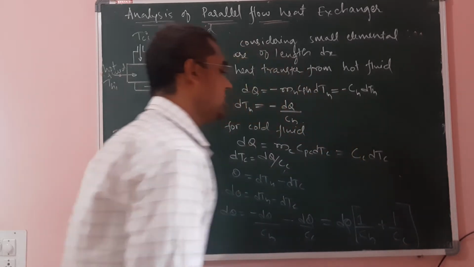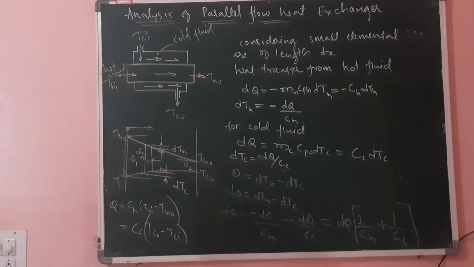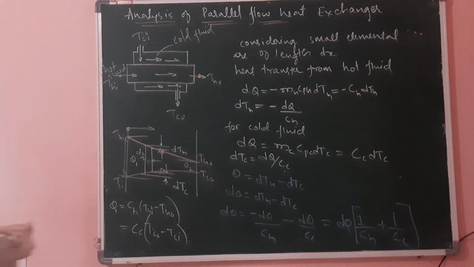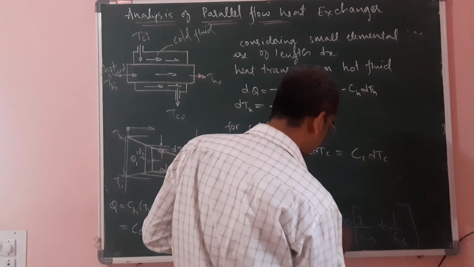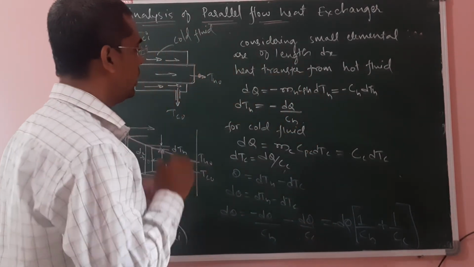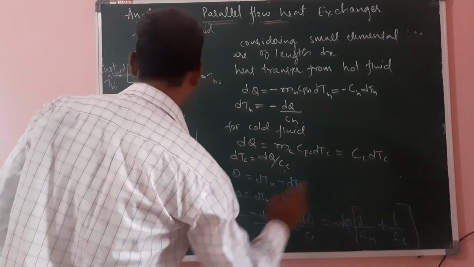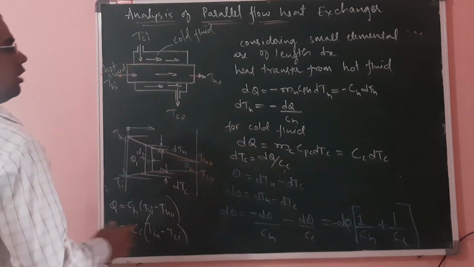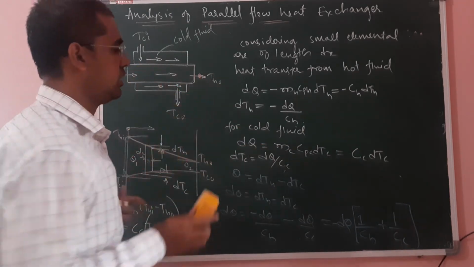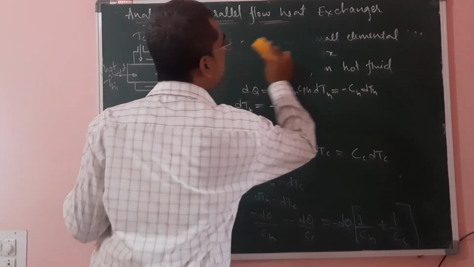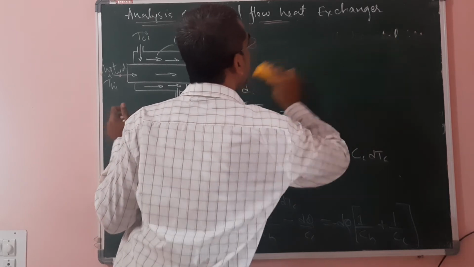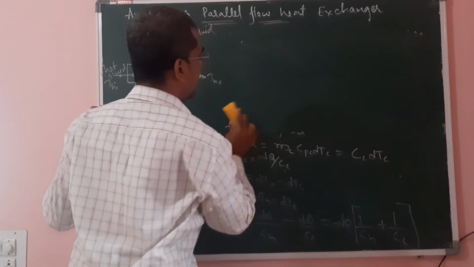We know Ch and Cc are the heat capacities of hot fluid and cold fluid respectively. Now d theta is equal to dq, but we know dq we can write in terms of the overall heat transfer coefficient as U dA into delta T. We can write like that.